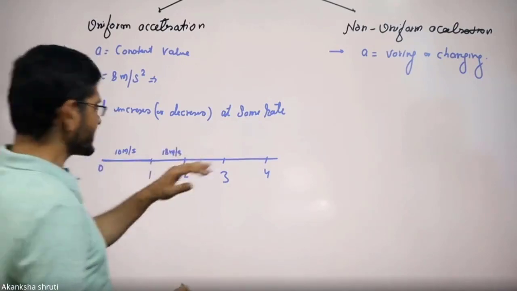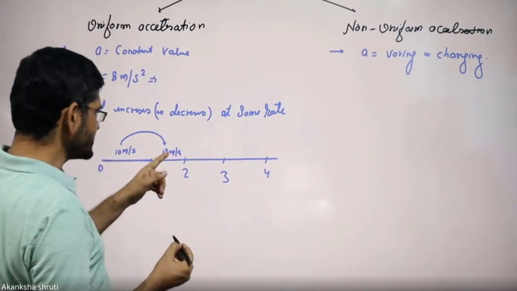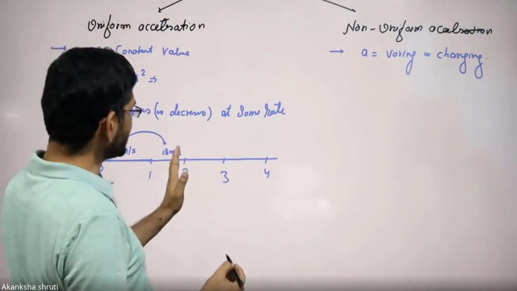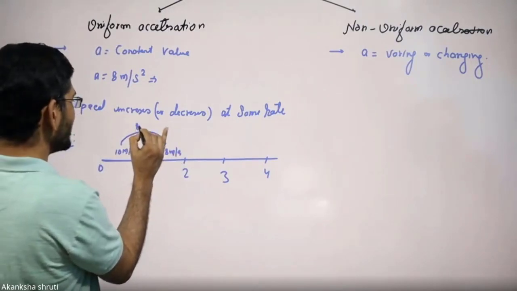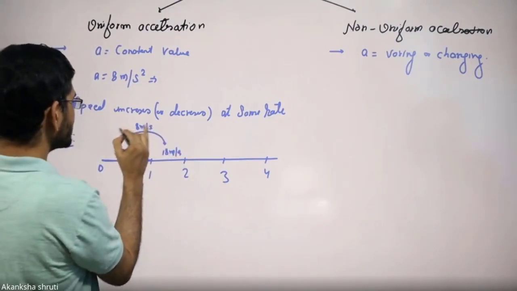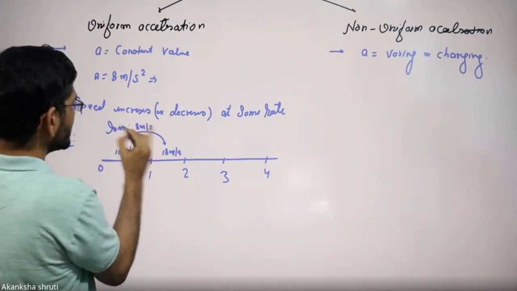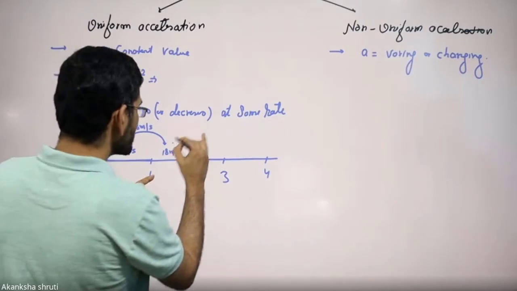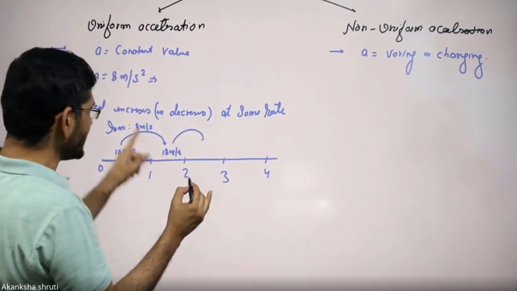Then in the next, how much speed increase is there? In this interval, the same increase in speed has to occur next. So here the increase is 8 meter per second. The next one should also be increased by the same 8, meaning 18 plus 8.